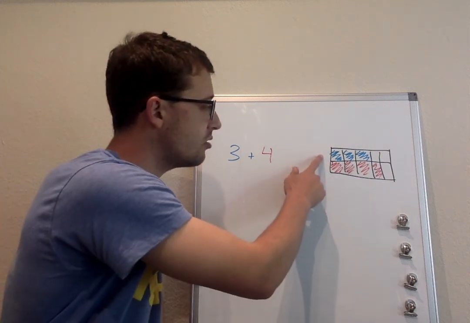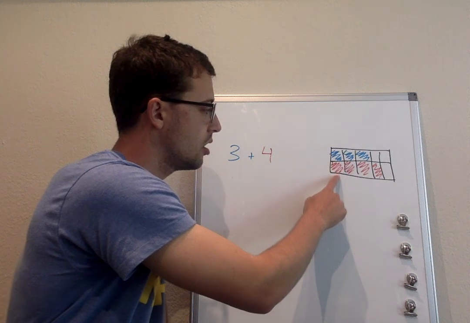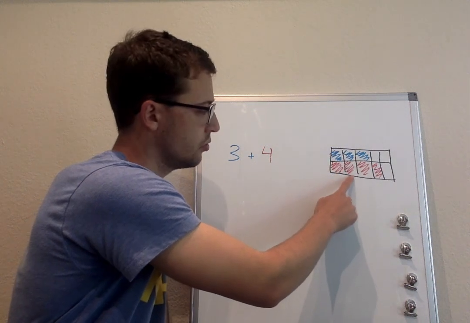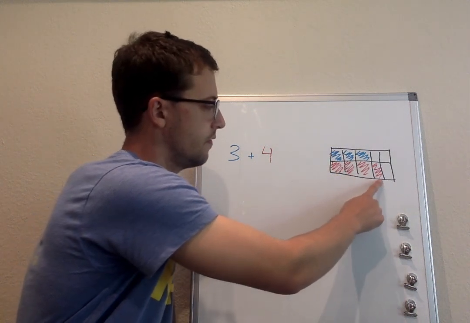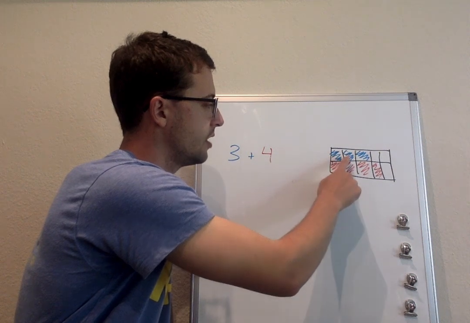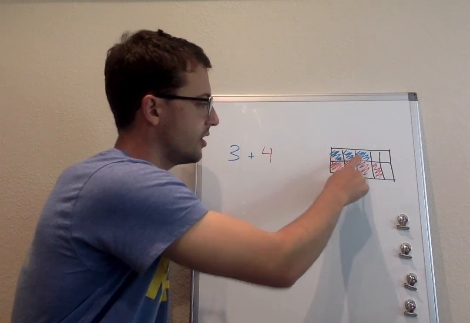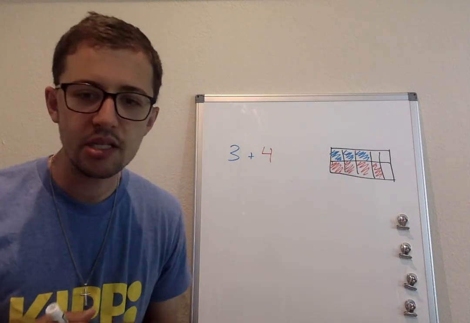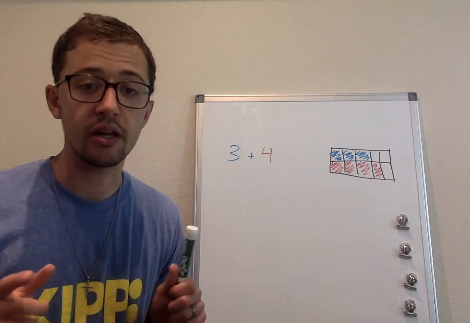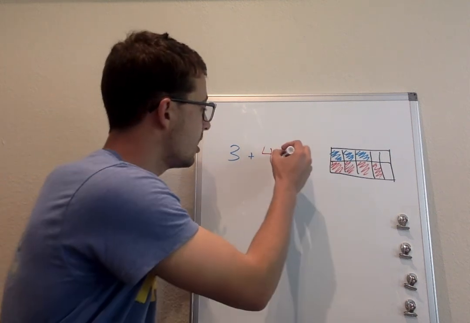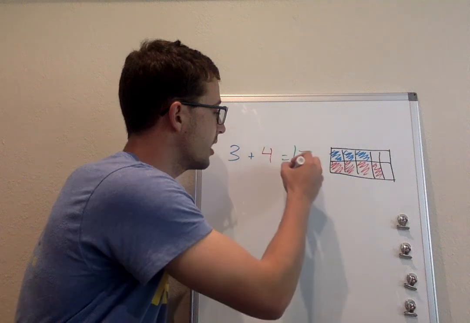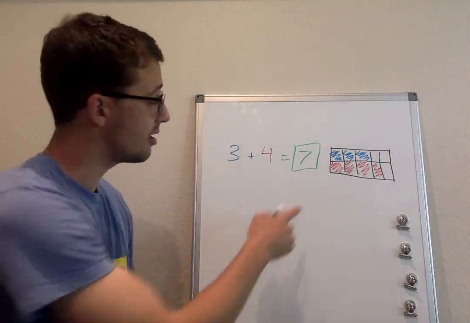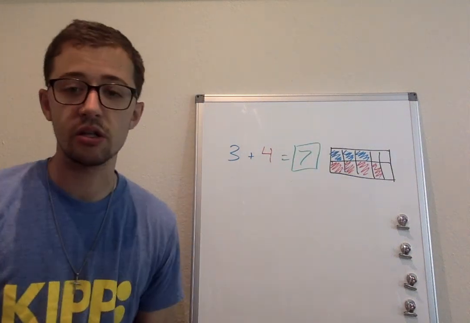So can you help me count all the squares I colored? 1, 2, 3, 4, 5, 6, 7. Huskies, how many squares did I color all together? You're right. I colored 7 squares. So you're going to write the number 7 after you color the squares.